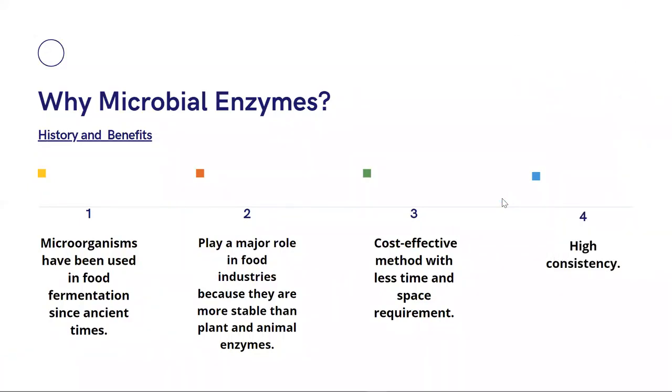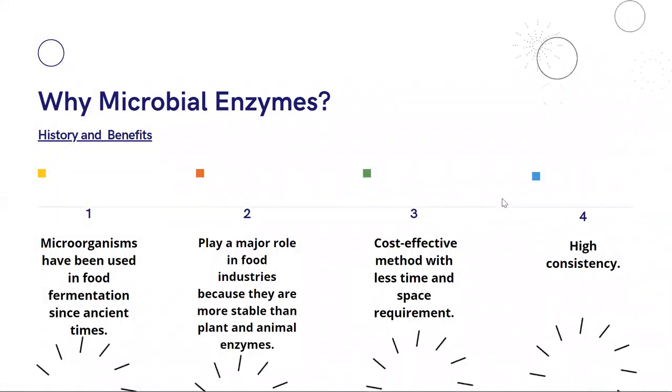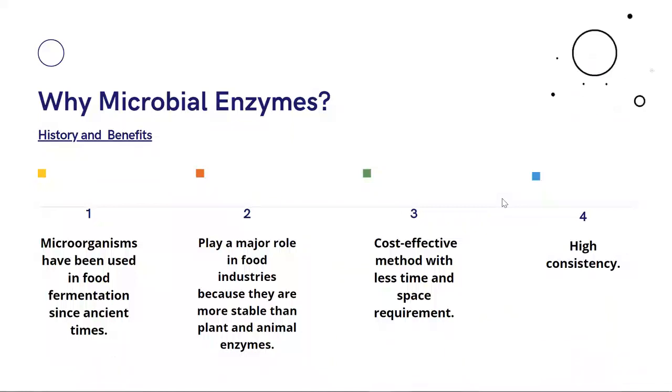Microbes can grow anywhere as and when they get their food. Even on your body there are millions and billions of microbes. If you're taking enzymes from a plant or an animal, there are a lot of complex processes that you need to go through.